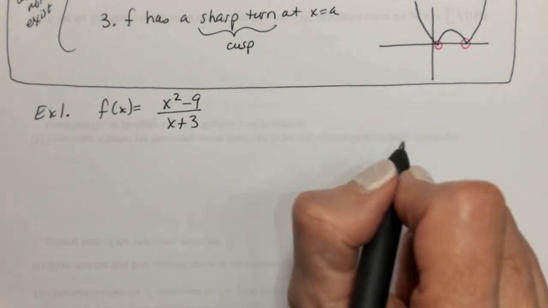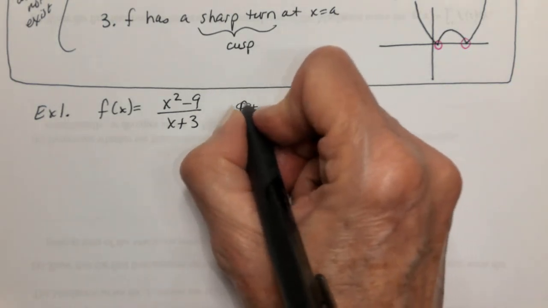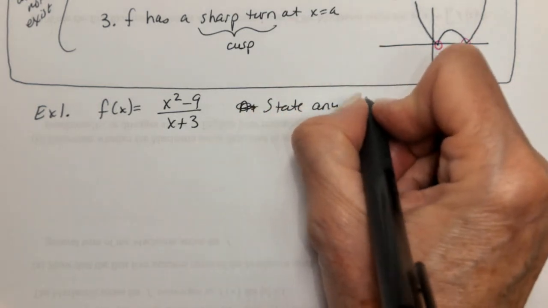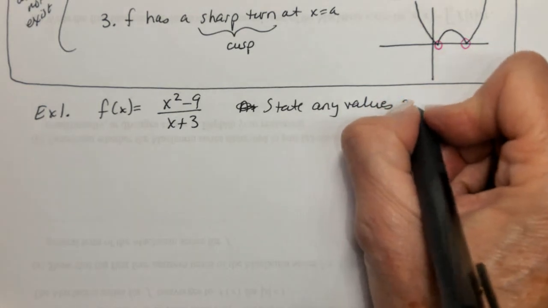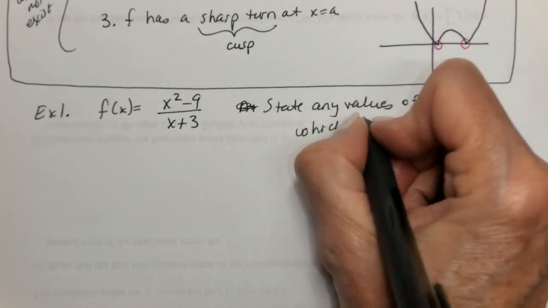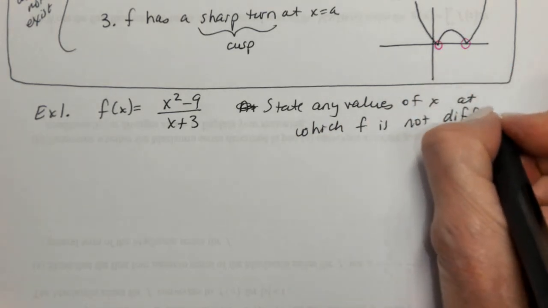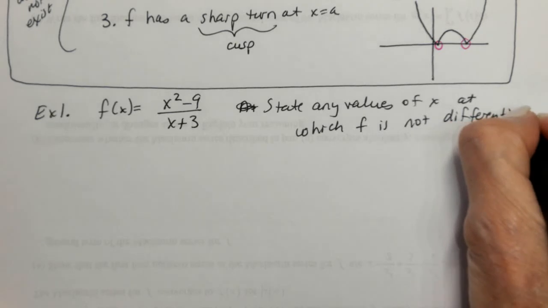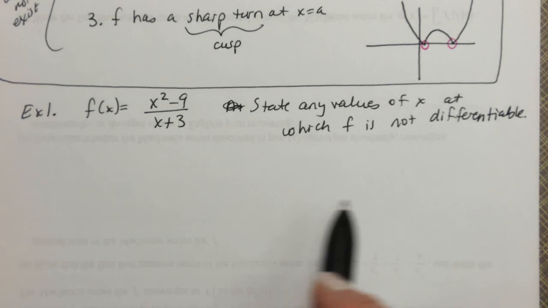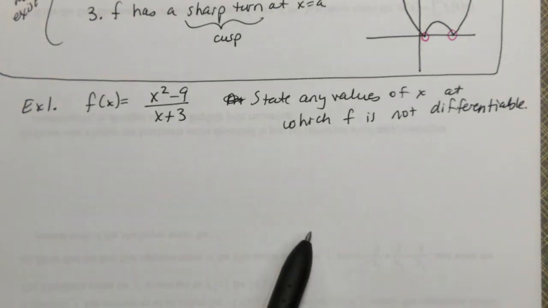Okay, the question would say, at what value, or maybe state any values of x at which f is not differentiable. So in this one, what value of x would make f not differentiable?